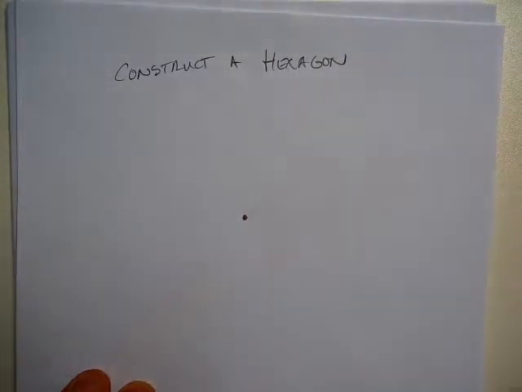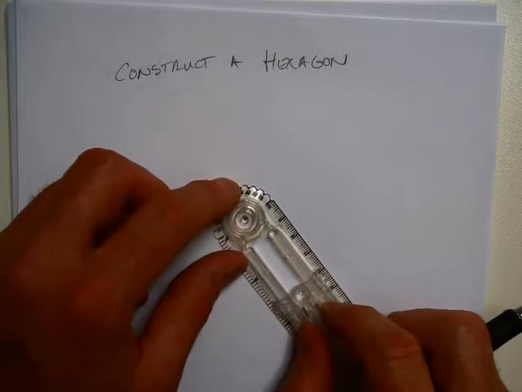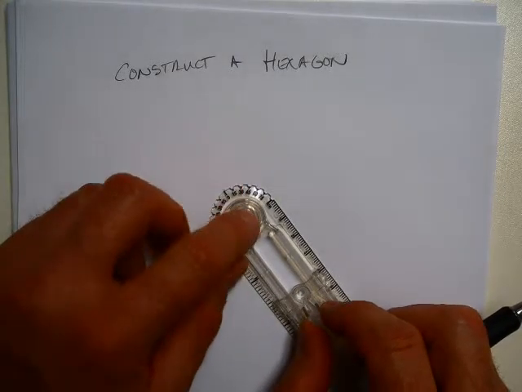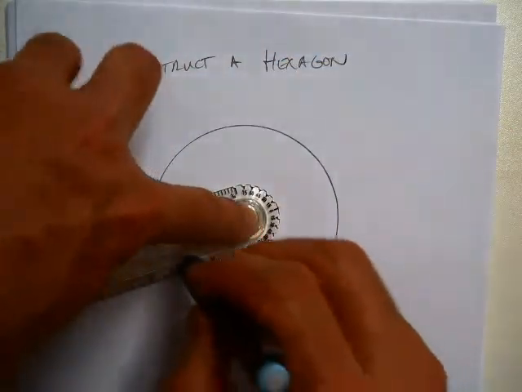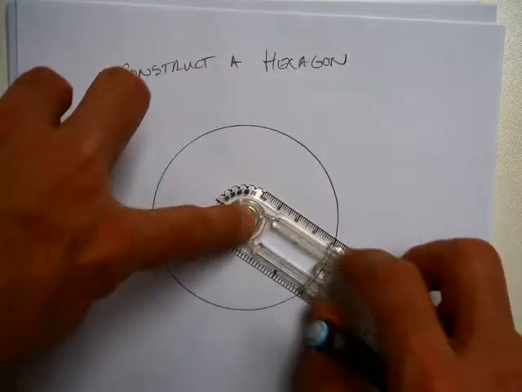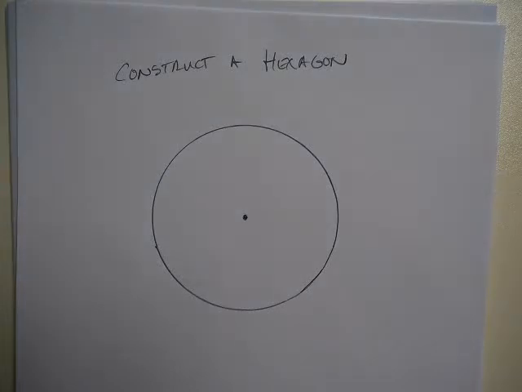Start with the center of your circle. Maybe I didn't need the center, but I think it'll be helpful. So get a circle. Don't change your compass. Don't make any adjustments to it once you've made your circle.